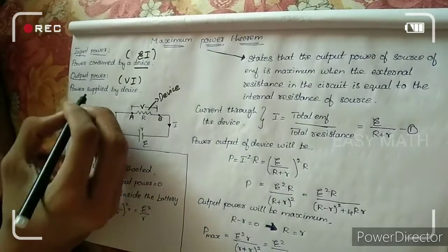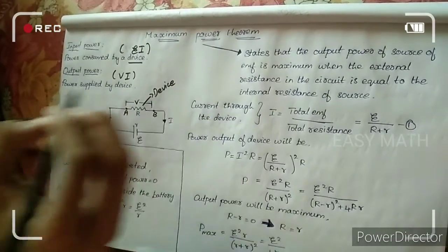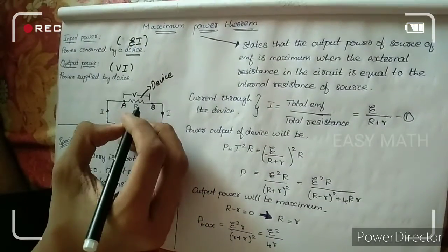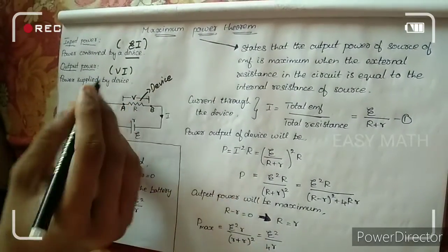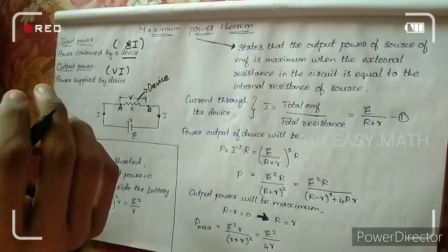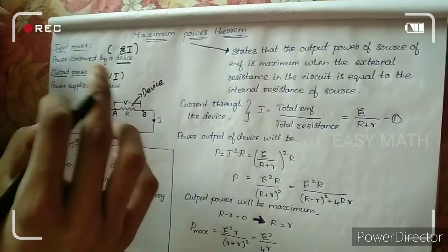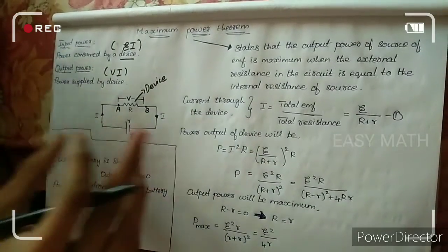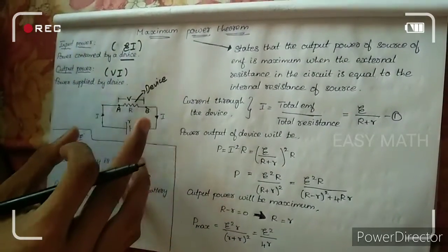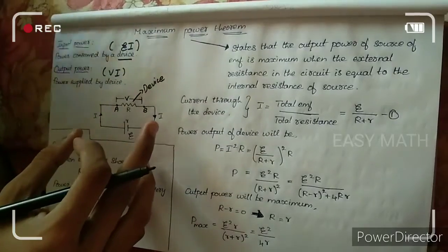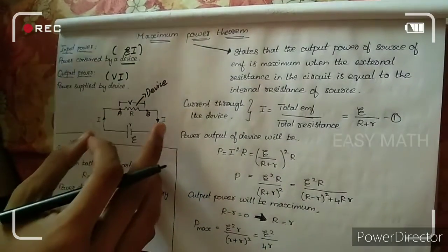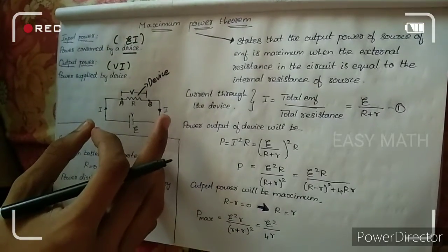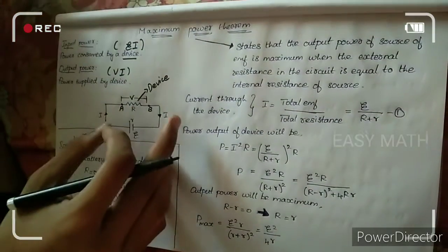Output power means it is the power supplied by the device, or the power dissipated from the device. Here you can see a device, and output power means that it is the power dissipated as heat from the device. When a large amount of current is flowing through a device for a long time, we can see that there will be heat waves emerging from the device.